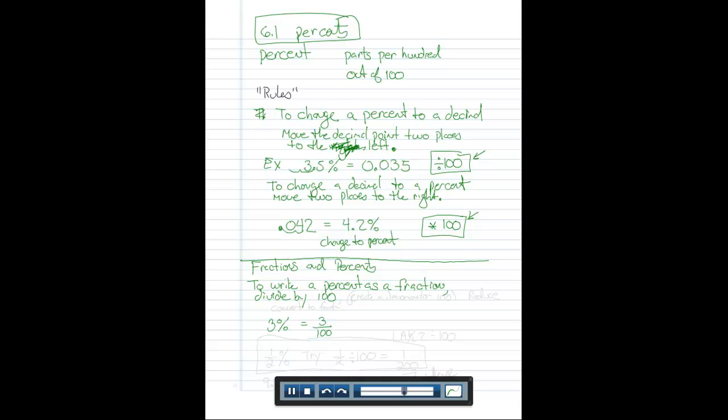Okay, so for standard examples, that's like putting a denominator of 100. So 9% was that picture. I still look at it as the picture. It's 9 out of 100 things. 42%, I still look at the picture. It's 42 out of 100 things, and you can reduce if possible.